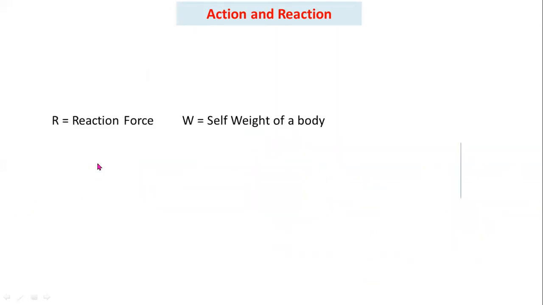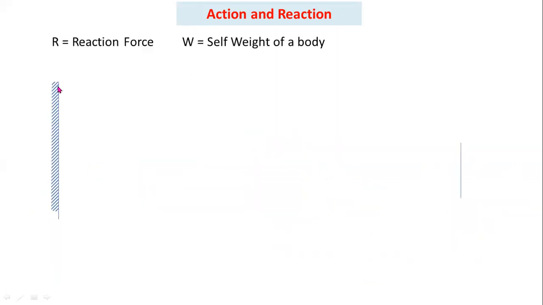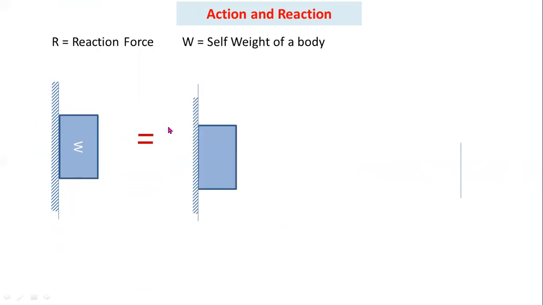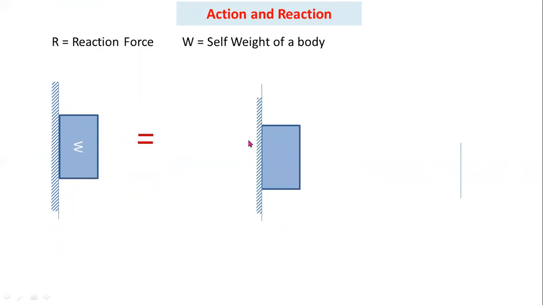In a similar way, this is a vertical support. Here this is a block. There is a contact between the vertical wall and the block. In this case also, you have to consider a vertical downward force for self-weight. Self-weight always acts vertically downwards.